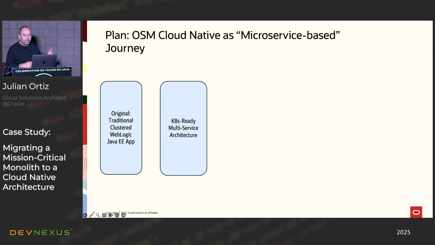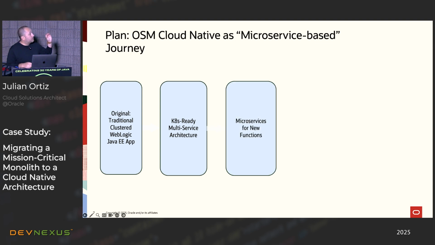We wanted to improve the agility of how we deploy and deliver, and also rely on the elasticity that a cloud native architecture will give us. And then the other one was to select a modern microservice tech stack, something that will let us build new functions on microservices.